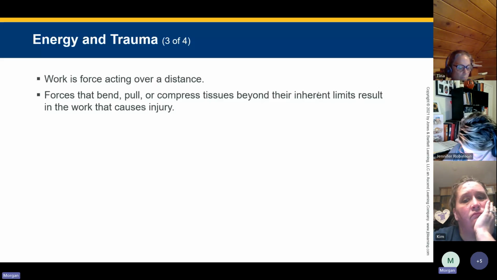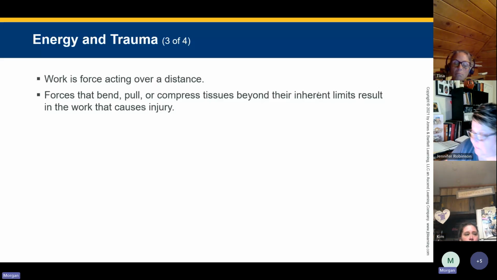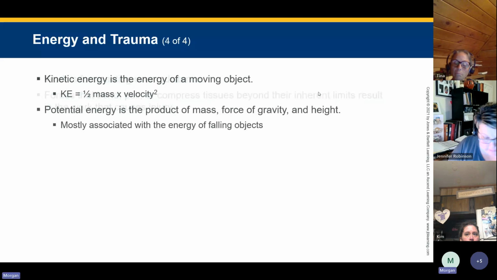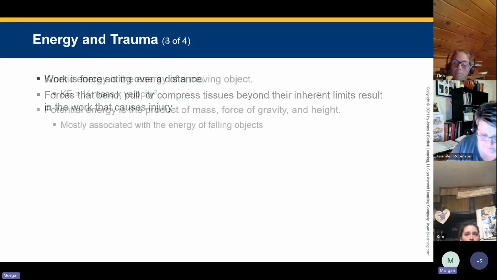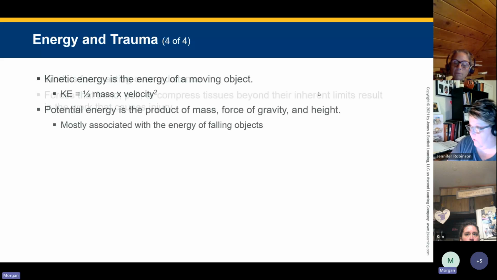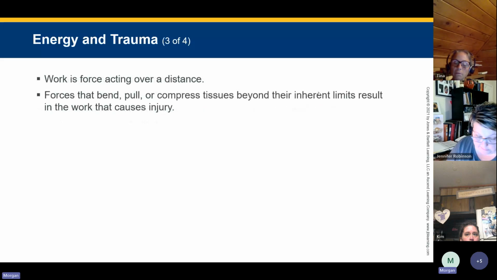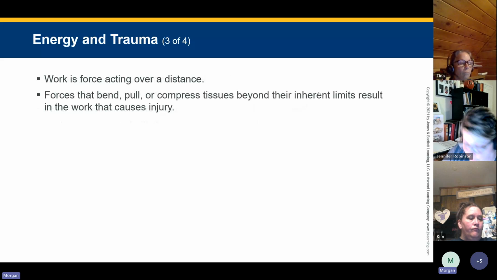Work is force acting over a distance, and forces that bend, pull, or compress tissues beyond their inherent limits result in the work that causes injury. It's hard to describe, but it's like what sort of energy is applied over a period of time or area.